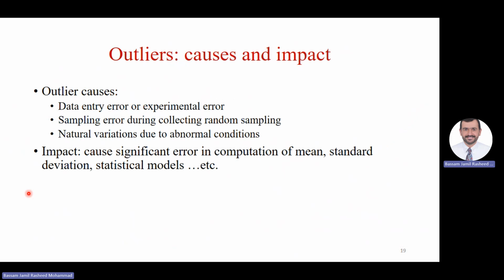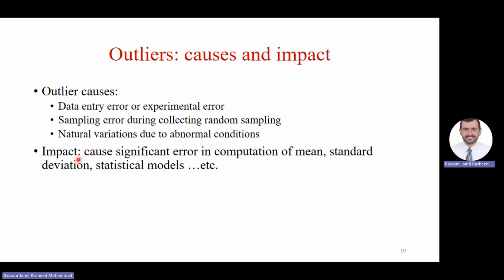Outlier data could be genuine, but it could also be caused by data entry error or experimental error. It could be sampling error. It could be natural variation due to abnormal conditions, etc.